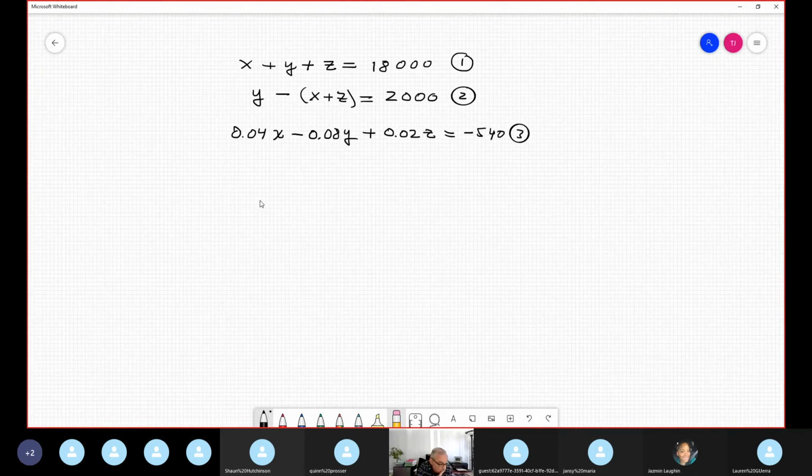I need to put it in a standard form. So I put x, y, and z in the same column. The column for the x, the column for the y, the column for the z. On the right hand side we have the number. This is my equation 1, perfectly organized.